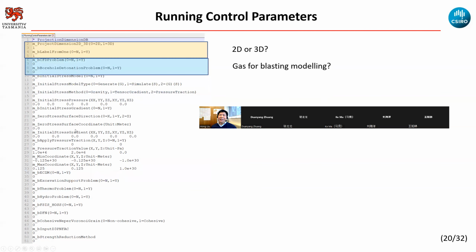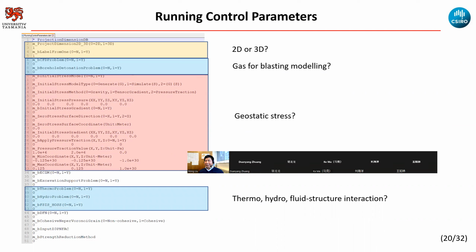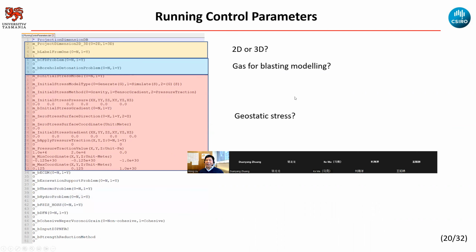Then for the remaining parts, you will notice later we have this code that can build the rock burst model. When you build the rock burst model, you need to consider the gas flow. This part is related to the gas flow, and you do not need to use it, so I ignore that part. The next part is related to calculating the geostatic stress.